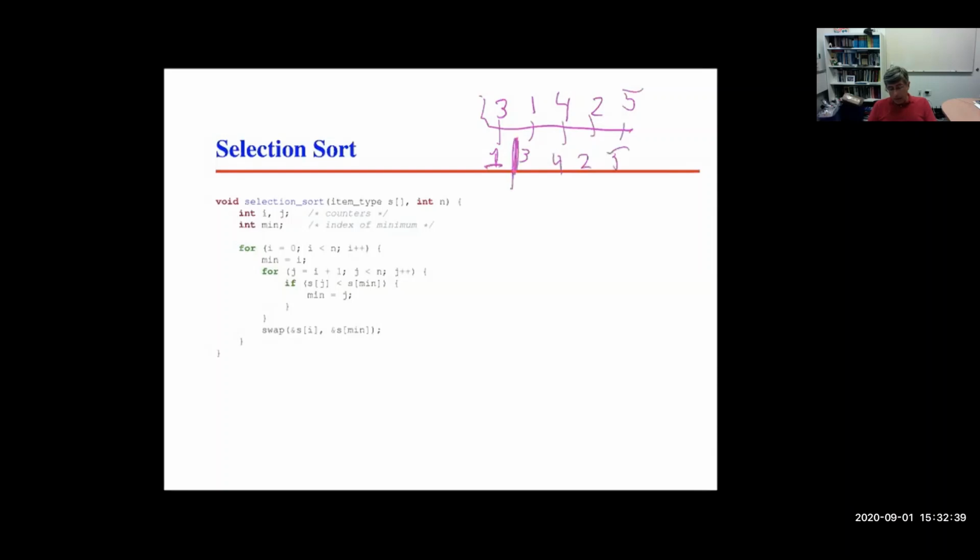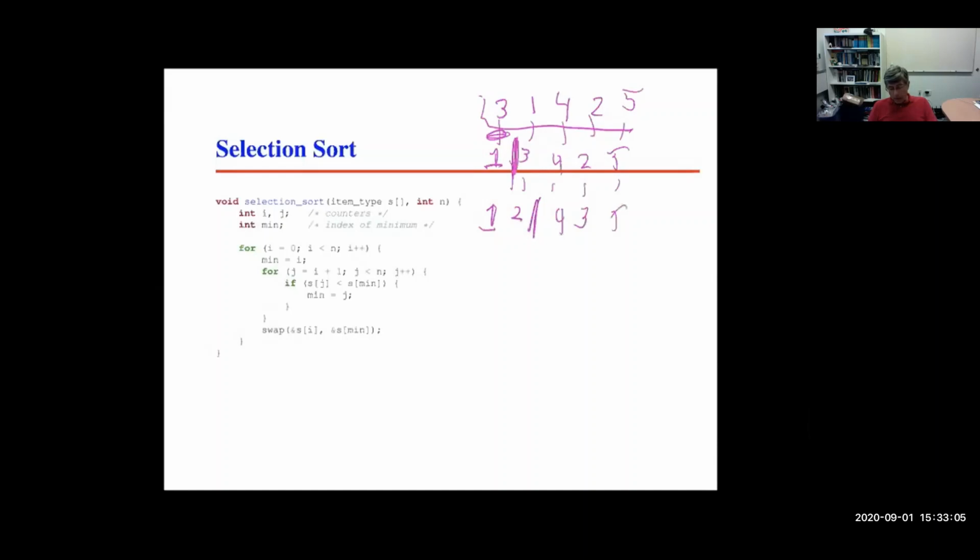There's a distinction between the sorted part and the unsorted part. What does it then do? It goes through all the elements of the array, finds the next element that is smallest, and does a swap. What did we end up with here? 1, 2, 4, 3, 5.